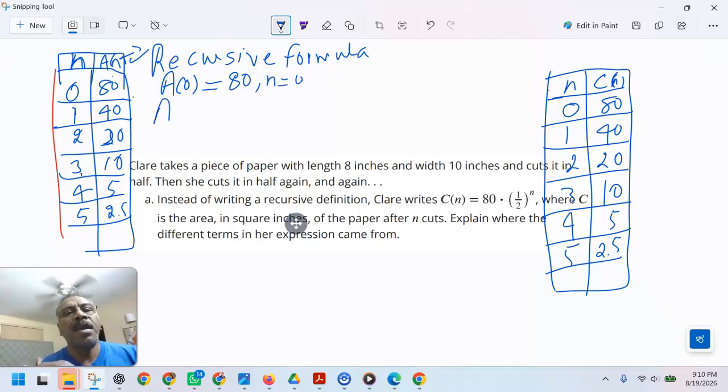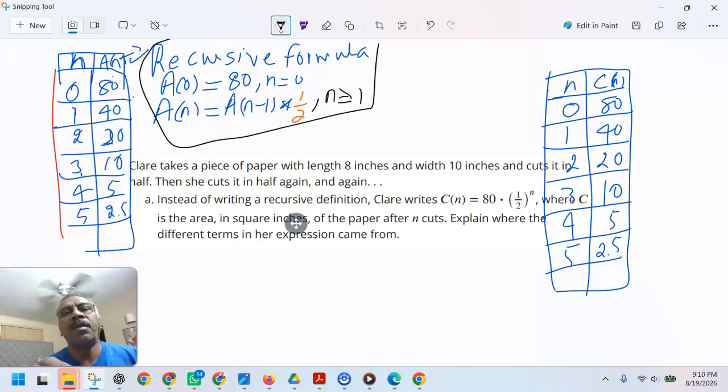After that, at any time, the area was a of n minus 1, the area in the previous step, multiplied by half. This is for n equal to 1 and also greater than 1. This is what we did last, almost a week we were working on.